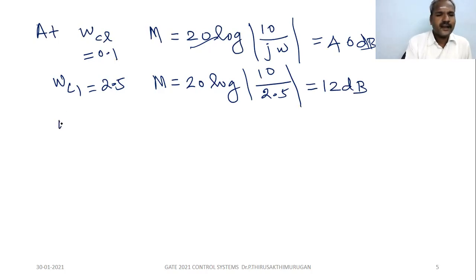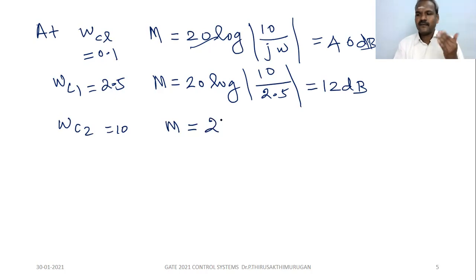Then at omega C2 equal to 10 radian per second, what is the magnitude? The slope change occurs at 10 radian per second.